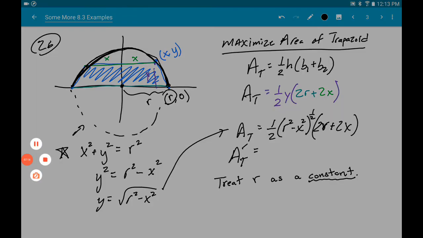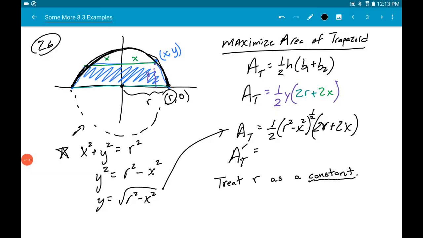Hopefully this is still recording. Beautiful. If you are taking the derivative with respect to x of 2x plus r squared, that derivative would be the derivative of the outside, the inside's along for the ride, times the derivative of the inside.